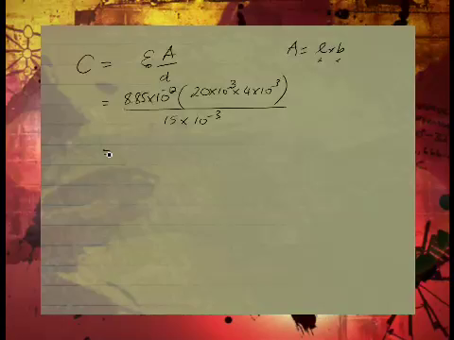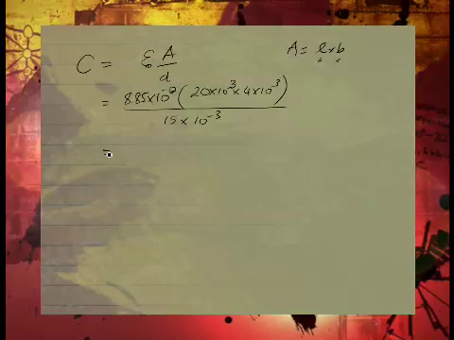It's 8.85 by 10 to the power minus 12 times 20 by 10 to the power minus 3 times 4 by 10 to the power minus 3, divided by 15 by 10 to the power minus 3.